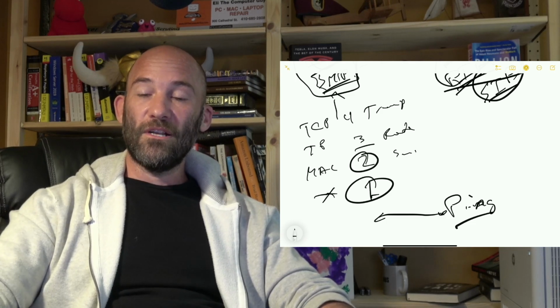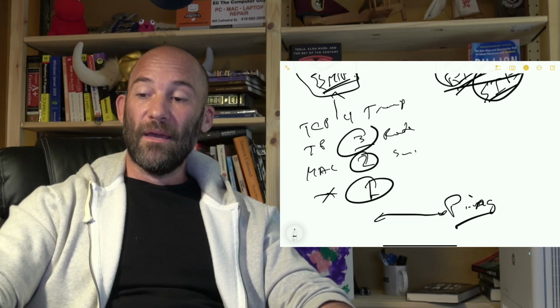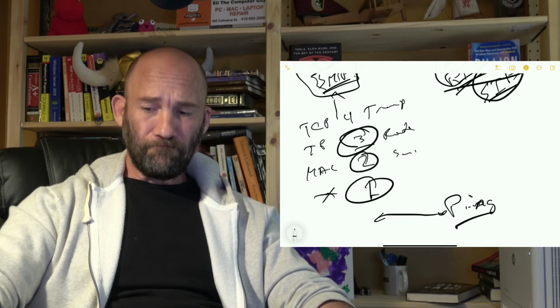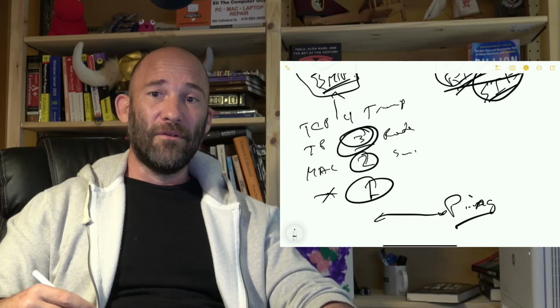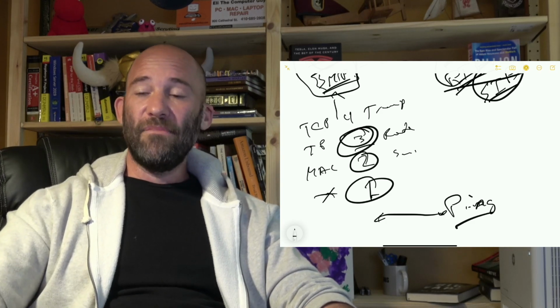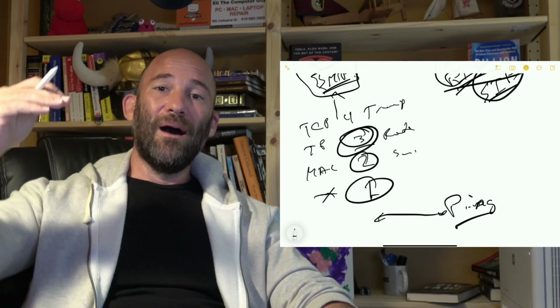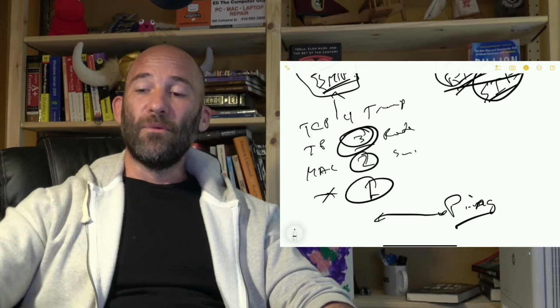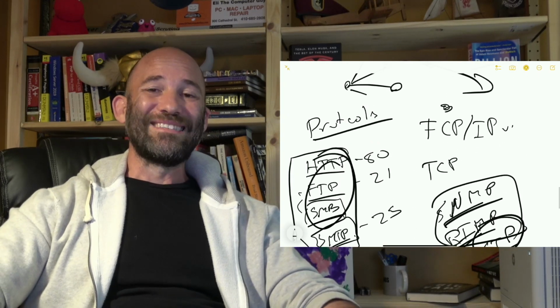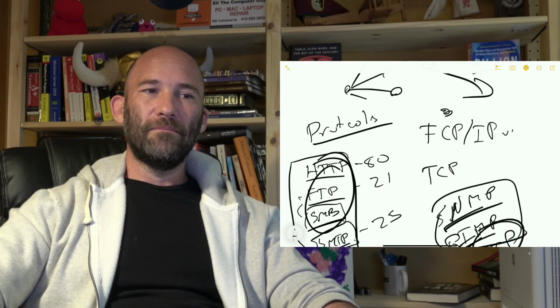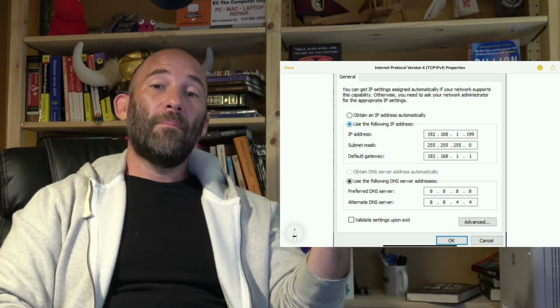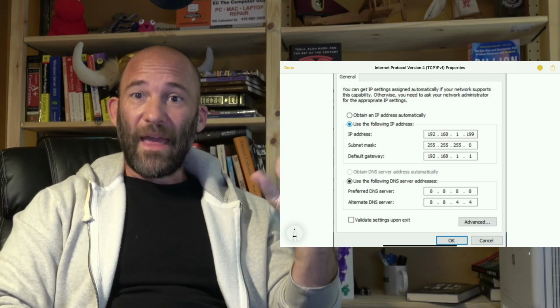I know that the switch is working, and because I'm pinging, I know that it's actually routing and the IP level is working. So once I know that, then I can start doing some troubleshooting up to these higher levels. So when we talk about the protocols that are built on top of TCP/IP version 4, this is what we're talking about.